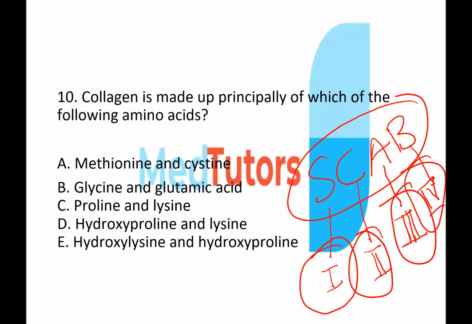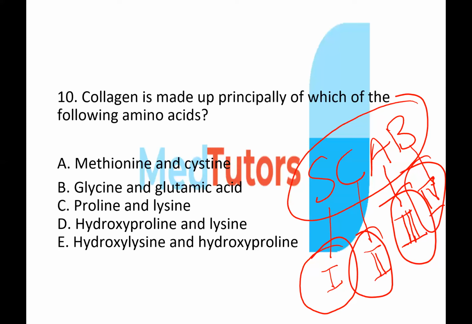And of course, in the maturation of collagen, vitamin C is required for the hydroxylation of proline and hydroxylysine. So without vitamin C, you will not have adequate wound healing, because vitamin C is part of the nutrient that is required for the hydroxylation of proline and lysine.